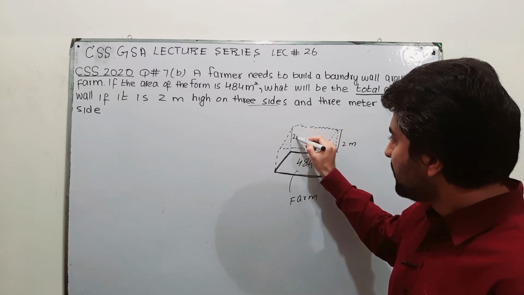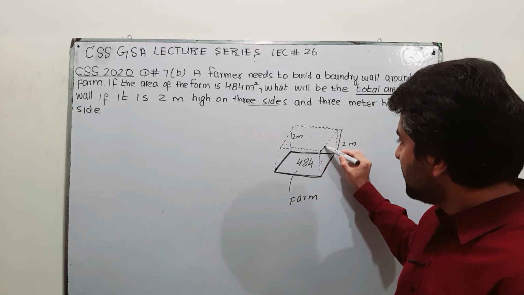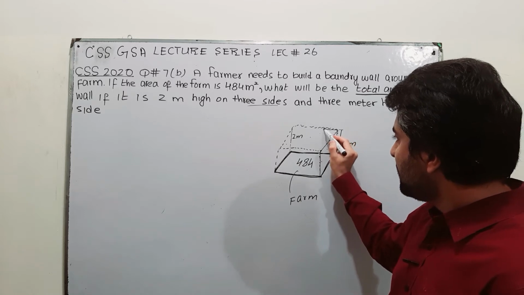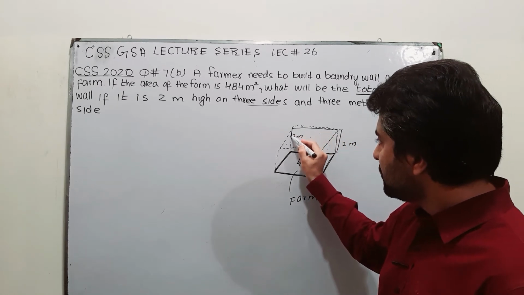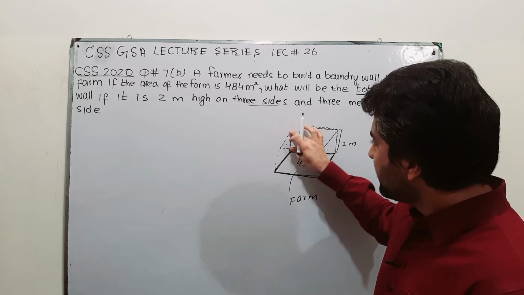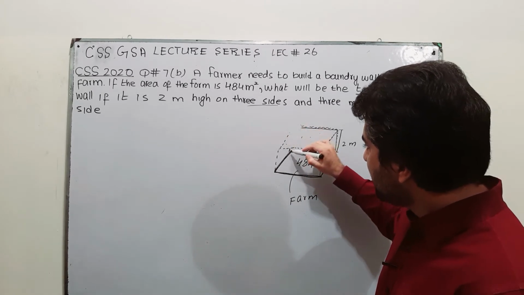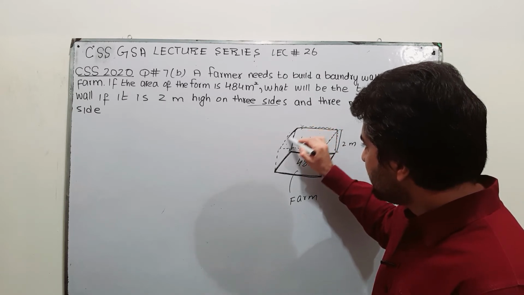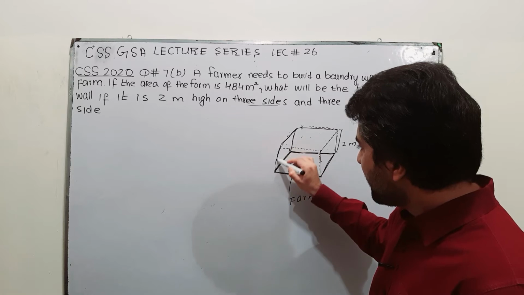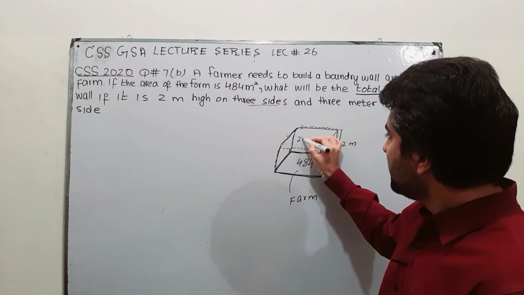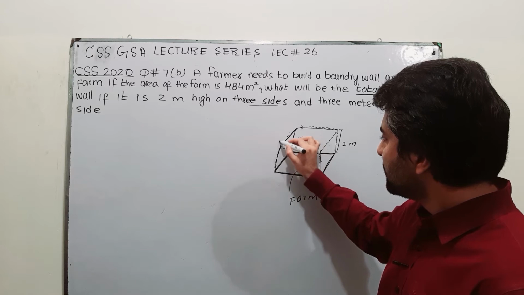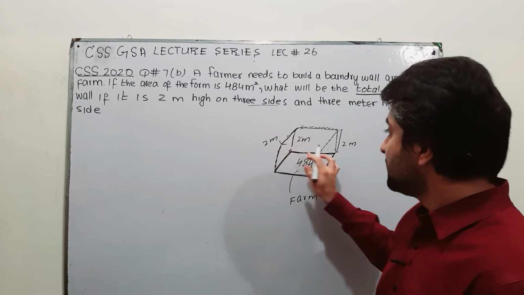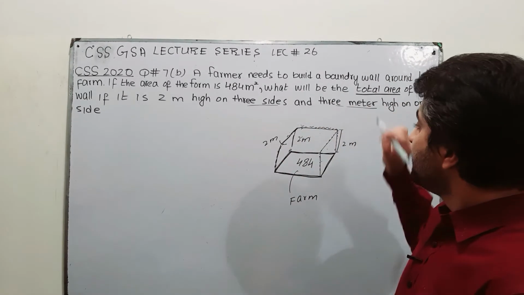So I am writing 2 meter over here, mean this wall is 2 meter high, then this back wall is also 2 meter high. Similarly this wall is 2 meter high, while this front wall, the fourth one, is 3 meter high.